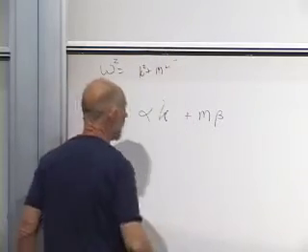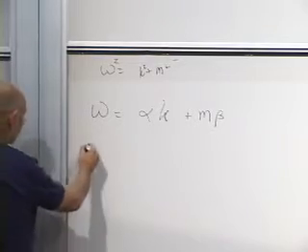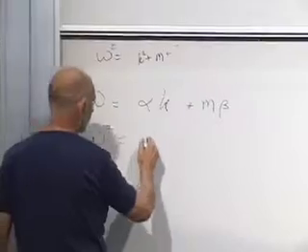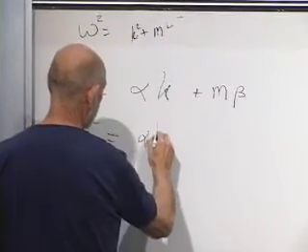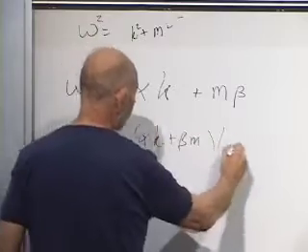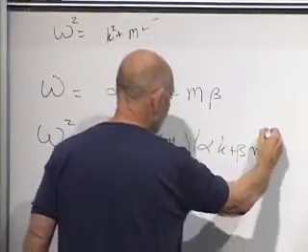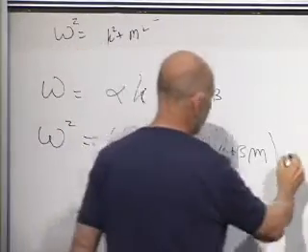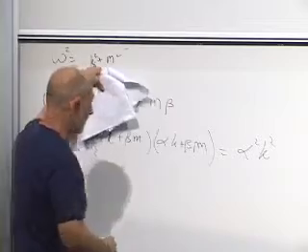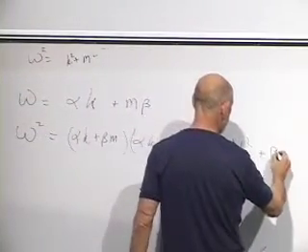Oh, I just gave away what beta is. It's a matrix. Okay, so let's square this. Omega squared is equal to alpha k plus beta m times alpha k plus beta m. What do we get? We get alpha squared k squared. That's good. We want a k squared there. We want plus beta squared m squared.